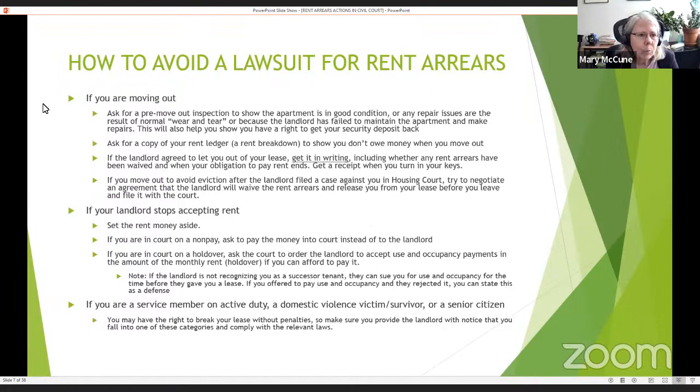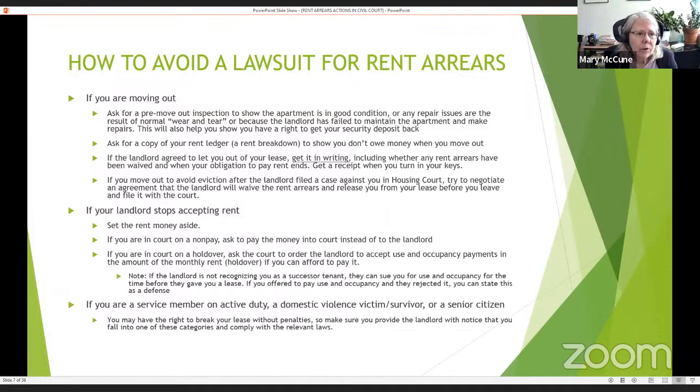Now, how can we avoid a lawsuit for rent arrears? It sort of depends on the context and the circumstances of why you're being sued, but these are some general categories that I see frequently.